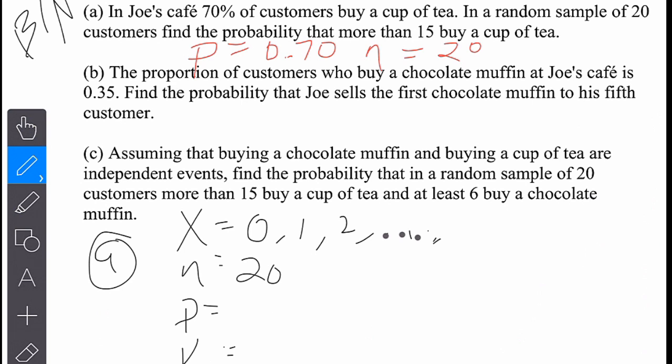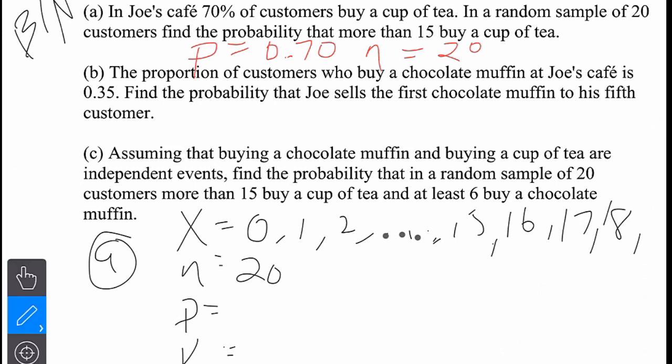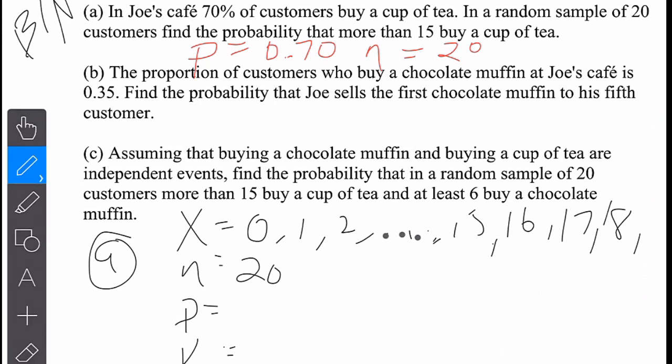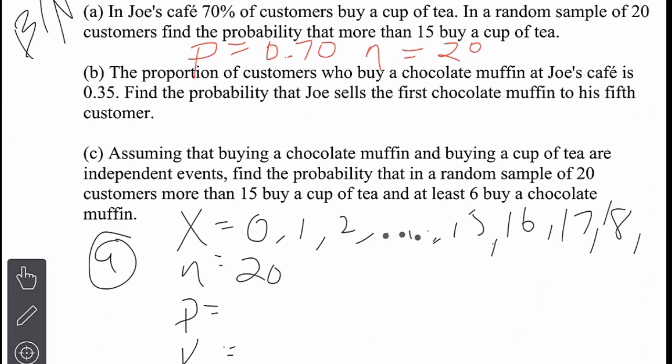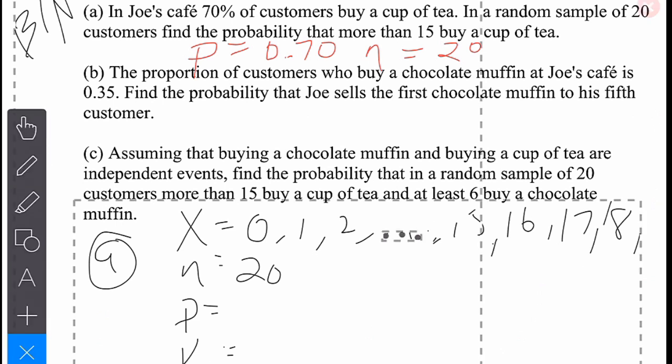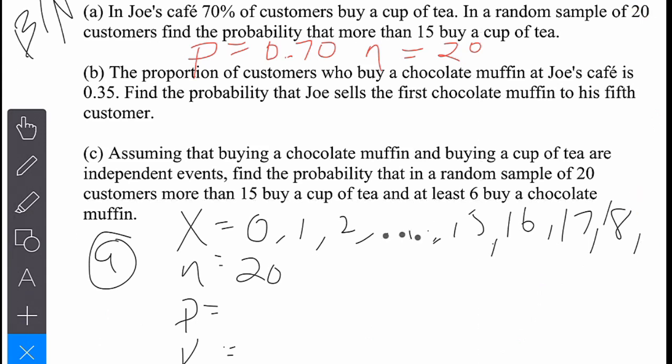And then we're going to more than 15. 15, 16, 17, 18, 19, 20.